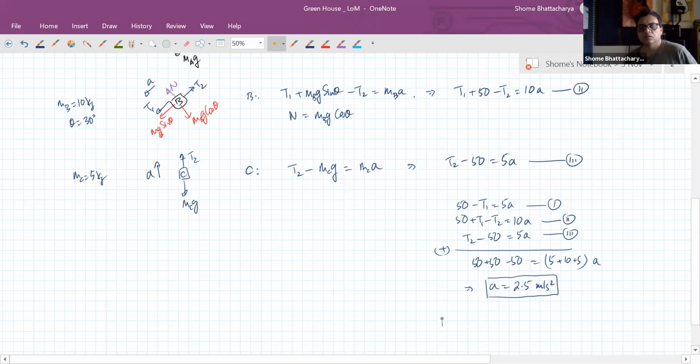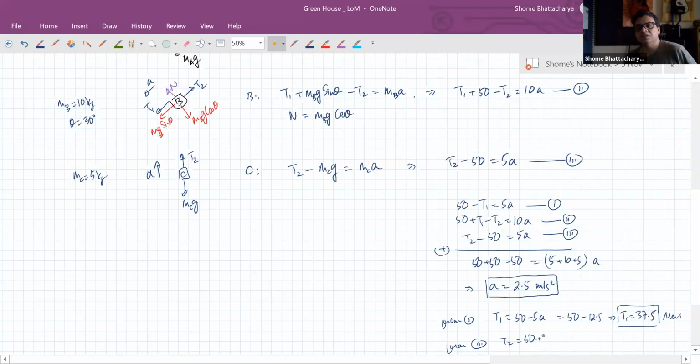Substitute this. So from equation 1, your T1 becomes 50 minus 5a. So that becomes 50 minus 5 into 2.5, that's 12.5. So T1 becomes 37.5 newtons. And from equation 3, T2 becomes 50 plus 5a. So that is 50 plus 12.5. So your tension T2 is as much as 62.5 newtons.